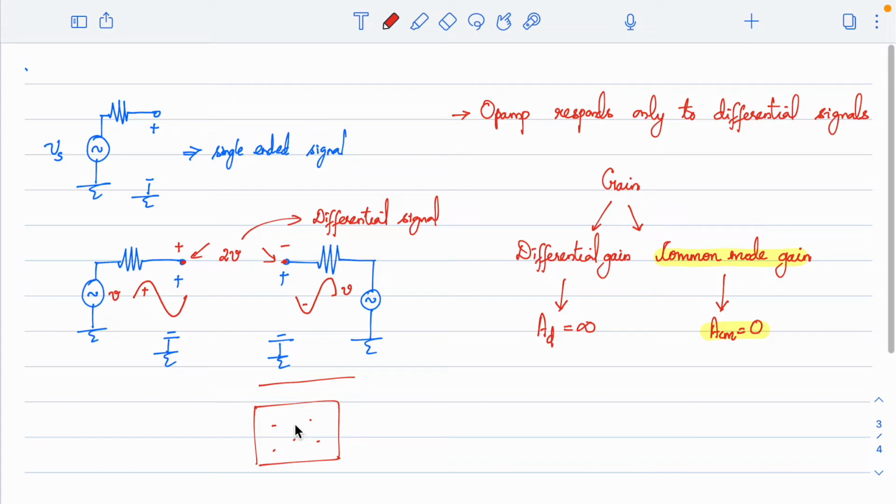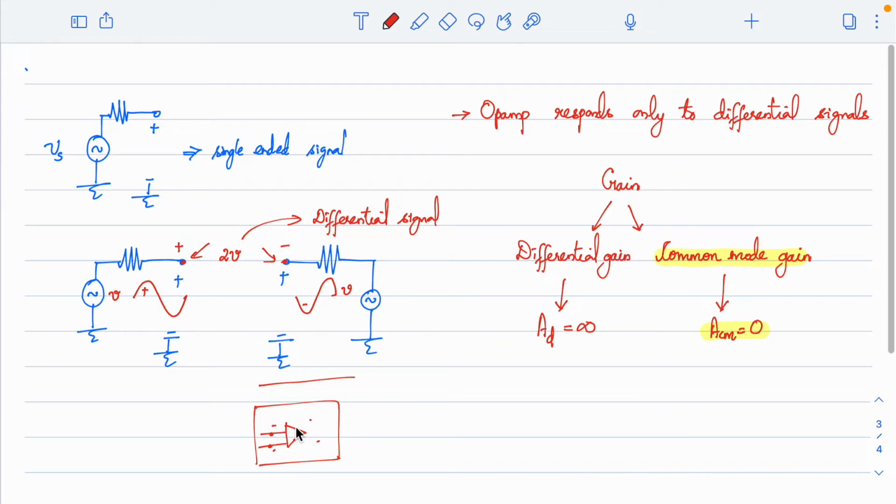Now, say you have an amplifier with input terminals here. The common mode disturbances will affect this node and this node in a similar, equal way. If the op-amp is not responding to this common mode signal, the noise will not come at the output. Are you getting the point? If the op-amp is not responding to the common mode disturbances, then that disturbance will not be passed to the output.